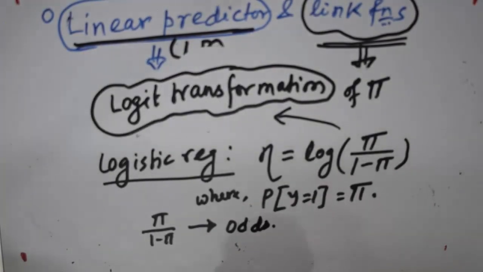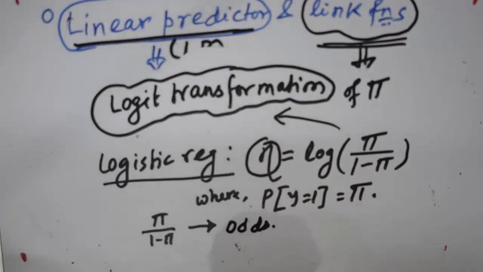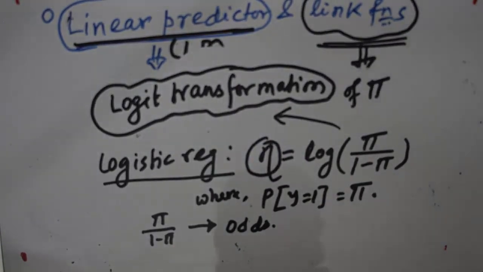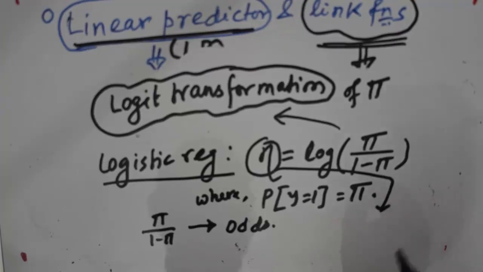So the link eta is also called log odds.